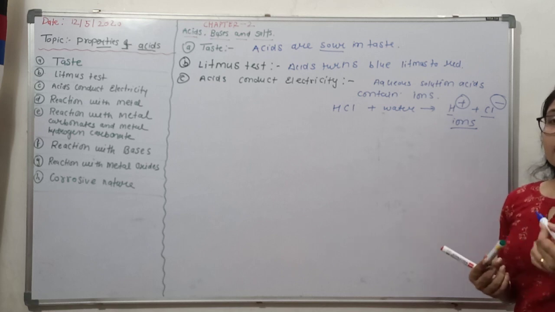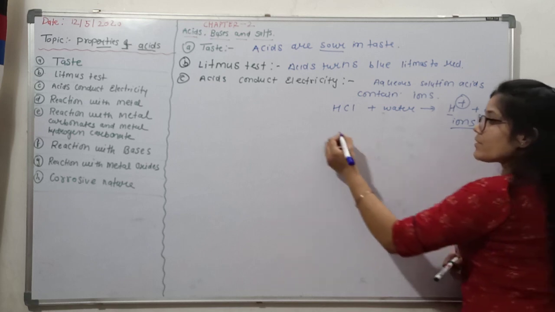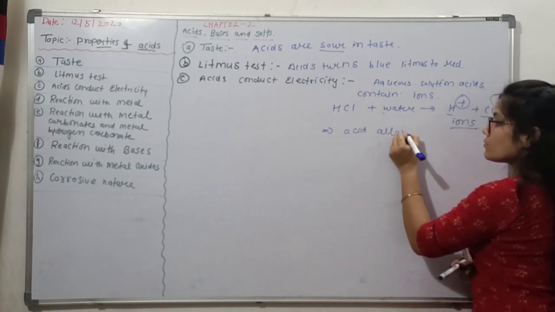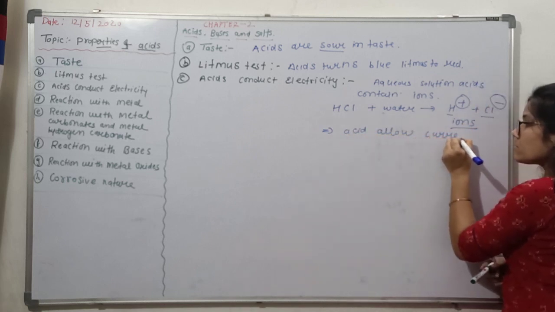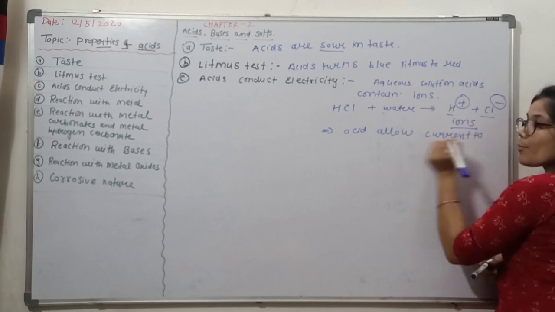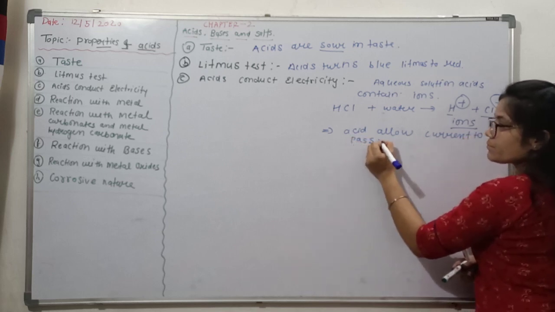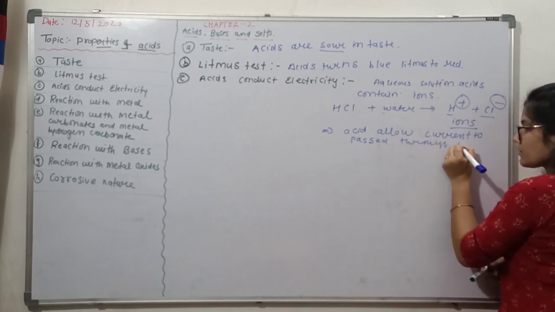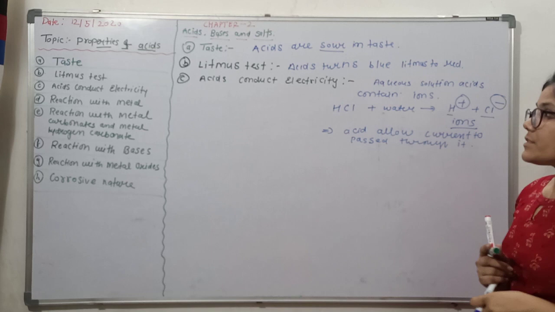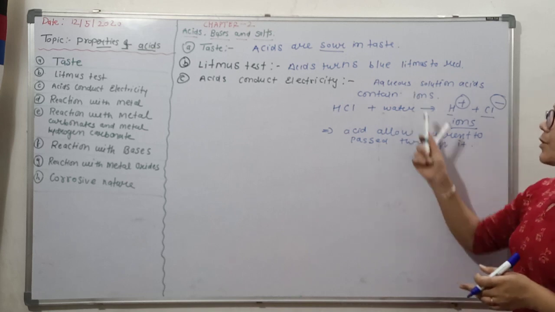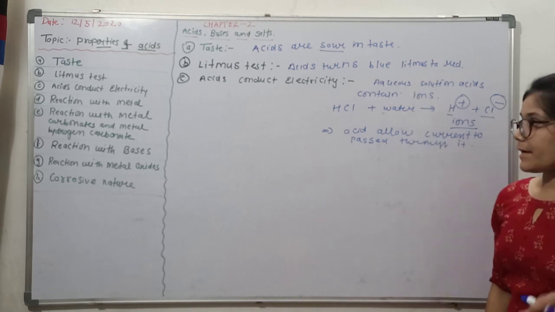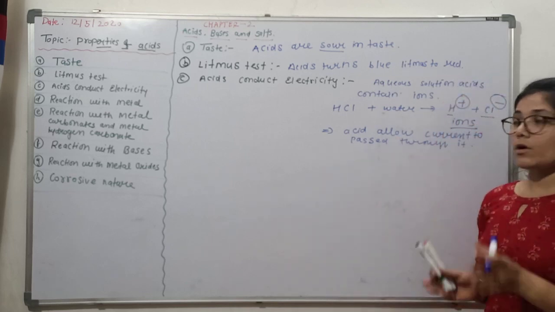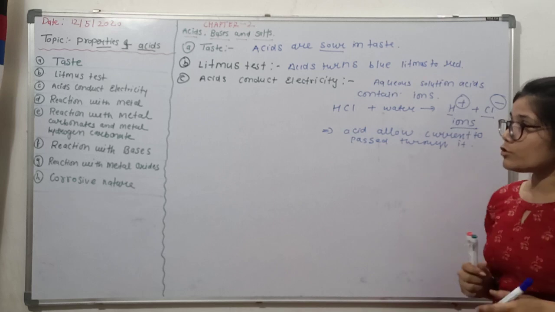These can conduct electricity, or in simple words we can say acids allow current to pass through them. So this is the third property of acid. This property we'll discuss in detail ahead. Here just remember, acids conduct electricity because they produce ions in aqueous solution.